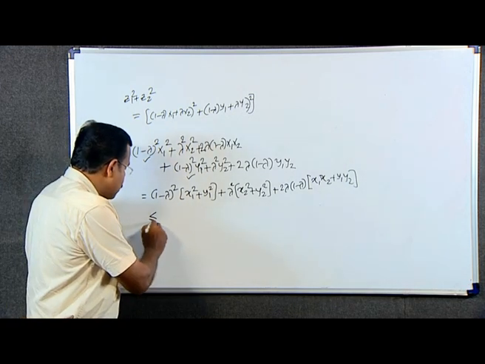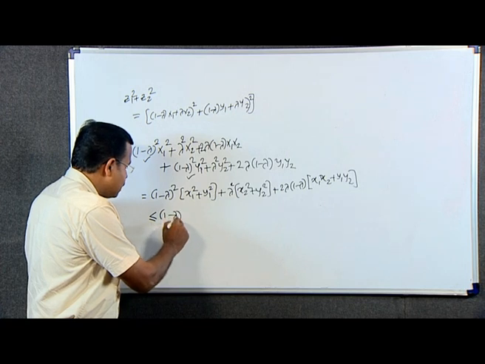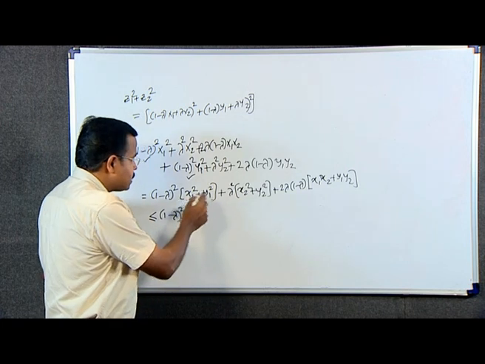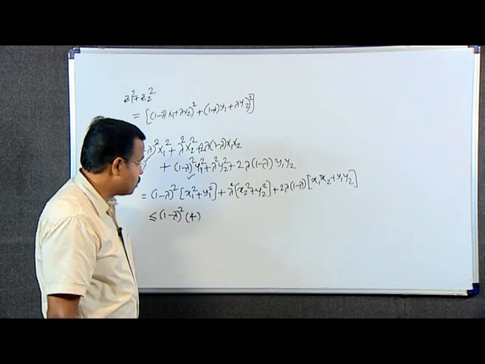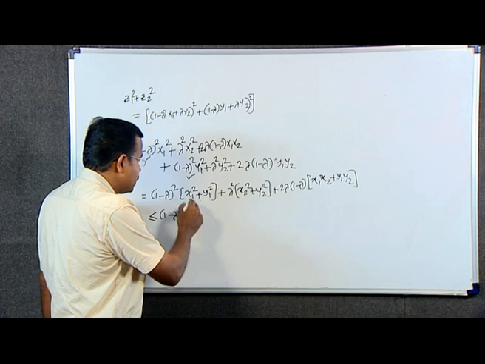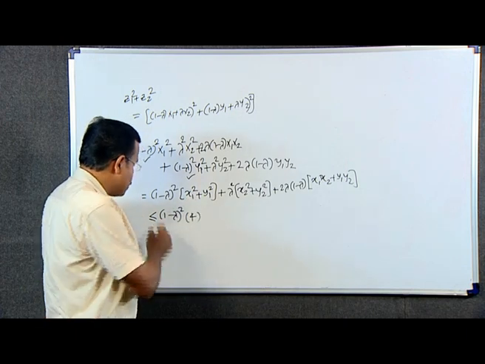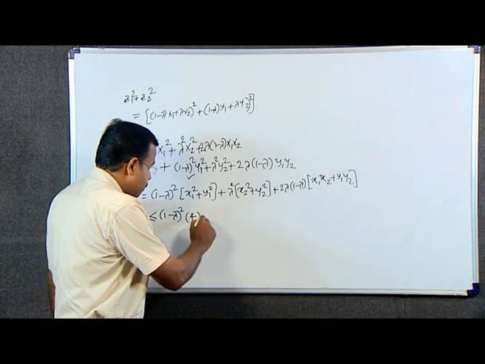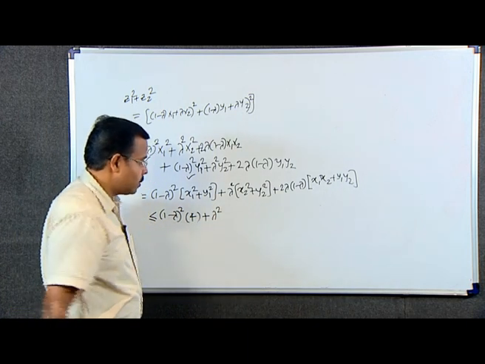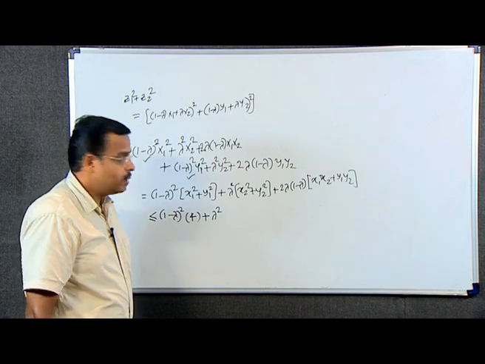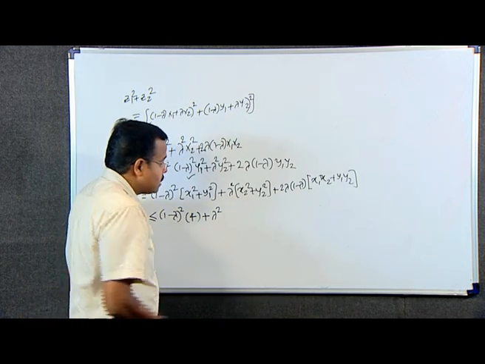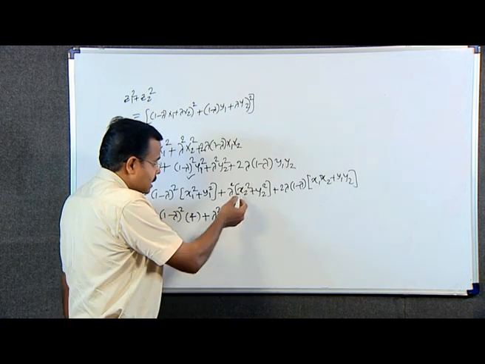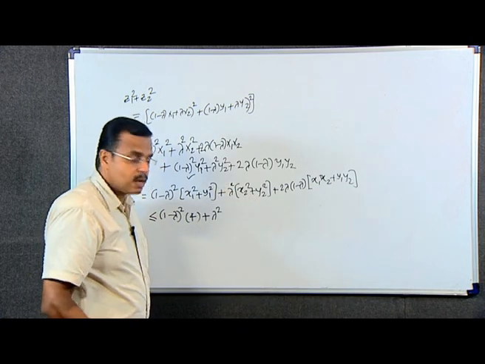That is less than or equal to 1 minus lambda the whole square into 4, because x1 square plus y1 square is less than or equal to 4. So, we are substituting 4 instead of x1 square plus y1 square. So, the entire quantity is less than or equal to 1 minus lambda whole square into 4 plus, similarly the next term lambda square into x2 square plus y2 square, but we know x2 y2 is a point on the set S, that is x2 square plus y2 square less than or equal to 4.